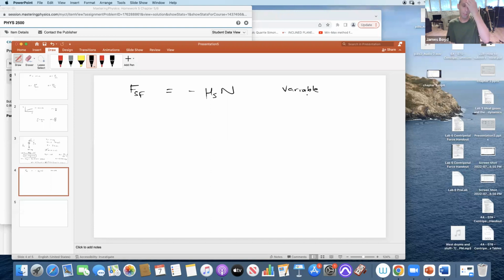So it'll act against any force until you hit the maximum, and then it goes away. The negative sign means that the vector opposes the net force if there was no friction there. So you add up all the forces and figure out which way it should be opposing. That's not always obvious. Thankfully, in this problem, it is.